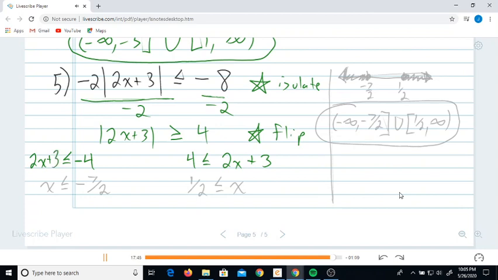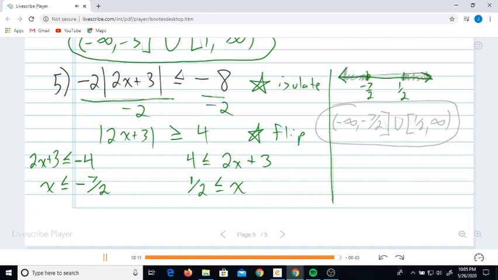And then we'll go ahead and solve these. So we'll just solve these real quick. So here you get -7/2. Over here you would get 1/2. So if we wanted to put these on a number line, so we have -7/2 on the left, 1/2 on the right.